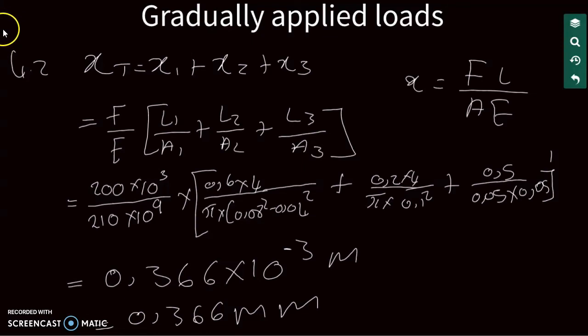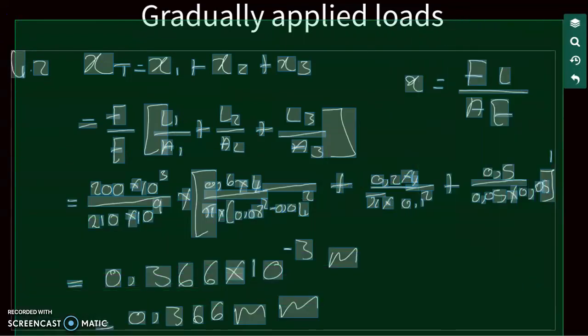They say, calculate the maximum stress in the member. In which section will the maximum stress occur? We know that the maximum stress will occur in the section with the smallest cross-sectional area. Remember, we did calculate the cross-sectional area of the hollow pipe, which is section number 1, and we got that the area is 3.771 times 10 to the power negative 3.